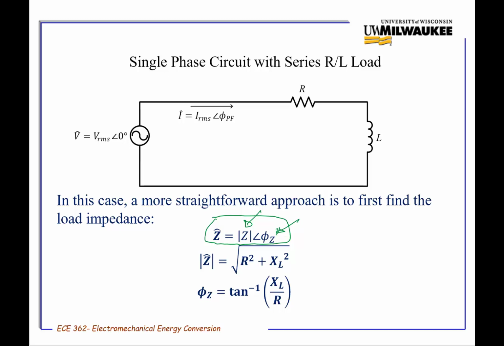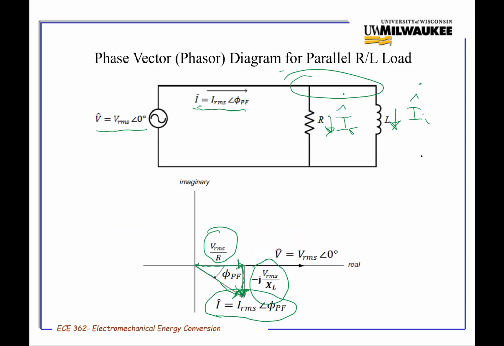Now, something I didn't point out in the last lecture, and we could go back and look at this parallel circuit because it certainly applies here in the same way. If we knew what this impedance was looking in here, then we could find the power factor angle from the impedance angle.